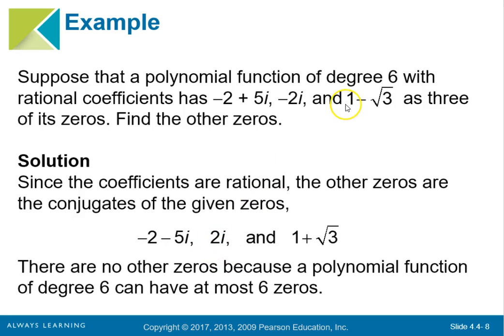And when we have 1 minus the square root of 3, we're going to have 1 plus the square root of 3. There are no other options. You cannot have more than that, since we have 6 as our degree, and we have to have both of those sets of numbers. You have to have the original number and its conjugate.